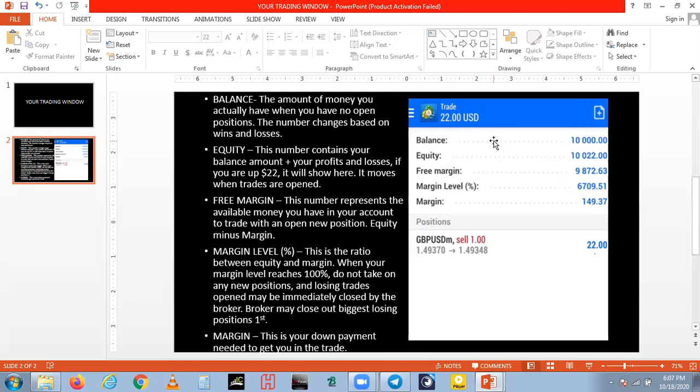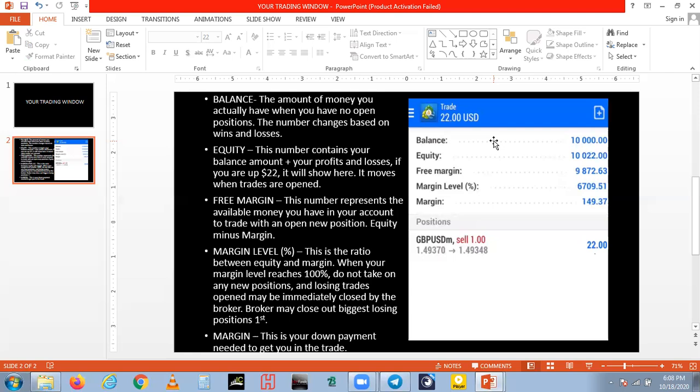So the next one is equity. This number contains your account balance plus your profits and losses. What that really means is equity is your total money. It's somewhat like balance, but it contains what is in your balance right now, plus your profit and losses.